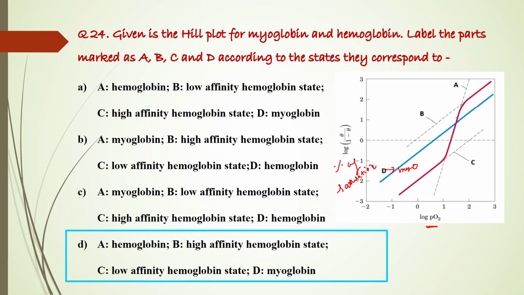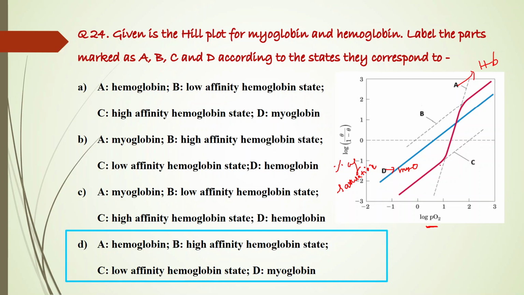But in case of hemoglobin, we will always see a change of oxygen affinity with partial pressure of oxygen. So this red graph shown for A is nothing but hemoglobin, because we can clearly see the change of slopes at different partial pressures of oxygen.